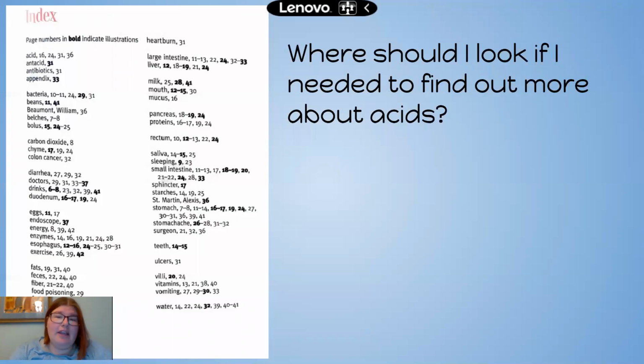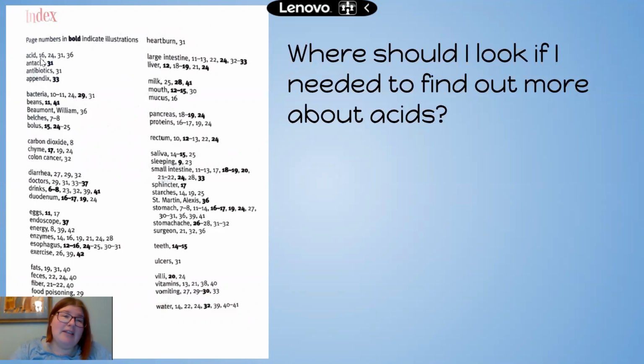So where should I look if I needed to find out more about acids? Well, acids is my word that I'm looking for. It starts with an A, so this is going to be really easy peasy for us. We're going to go straight to this first part where all the A's are. And luckily for me, acid is actually my first thing that it talks about.